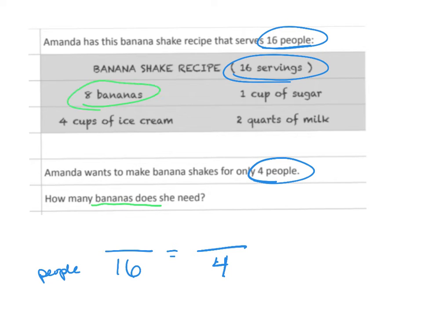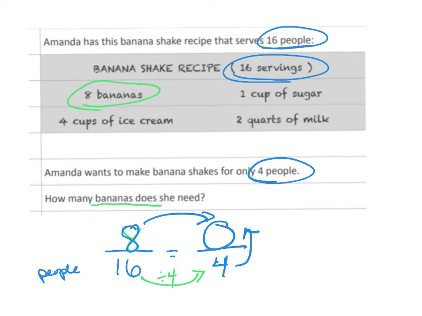Well, she needed 8 bananas for 16 people. I'm going to put that in blue. We'll say 8 bananas for 16 people. So I need to know how many for 4. So I'm either going to do something to the 4 to get that number or something to the 8. So what do I do to the 16 to get 4? I divide by 4.